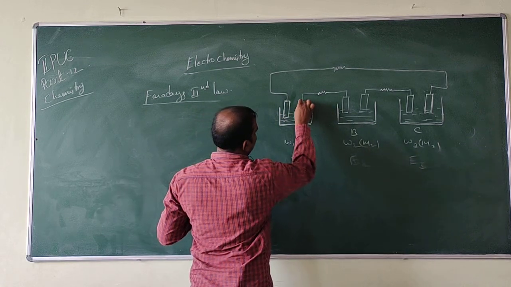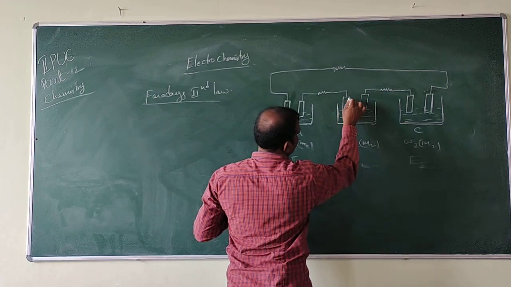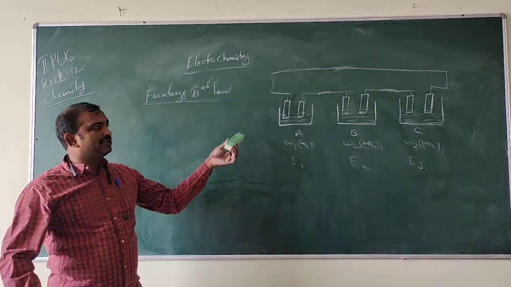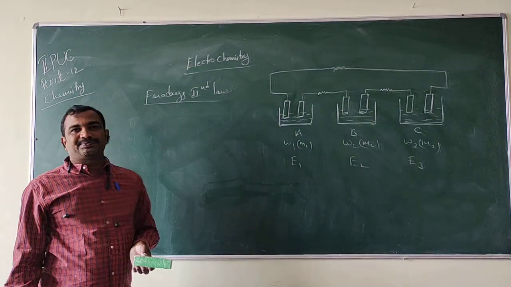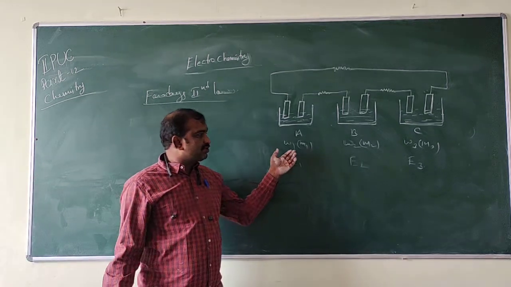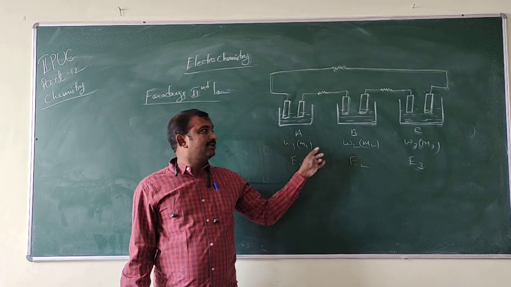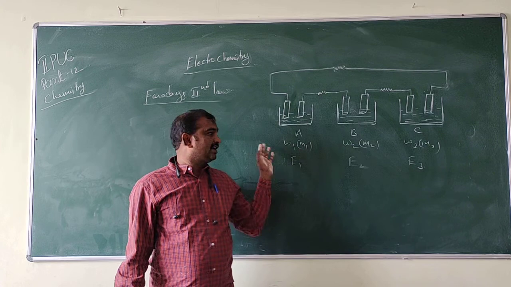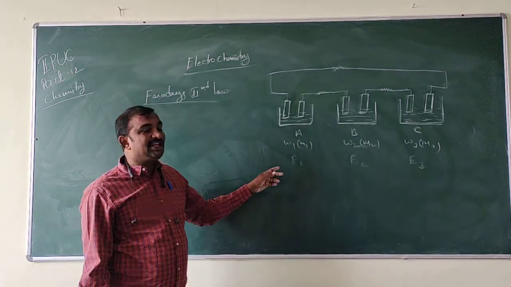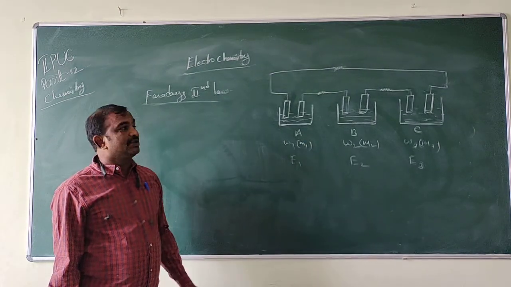Then the mass liberated, W1, W2, W3 or M1, M2, M3, is directly proportional to their equivalent weights E1, E2 and E3.